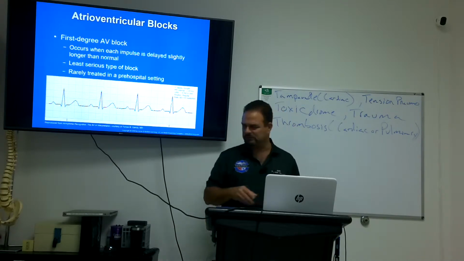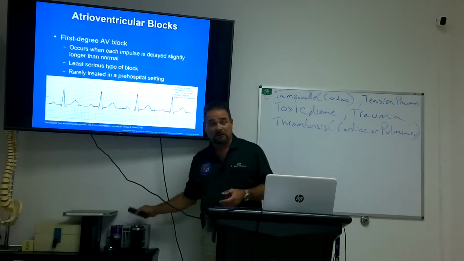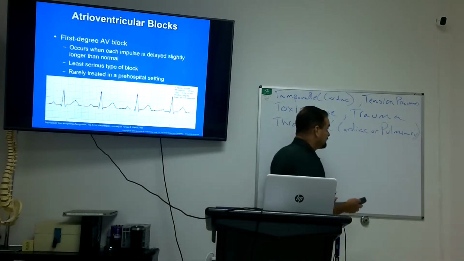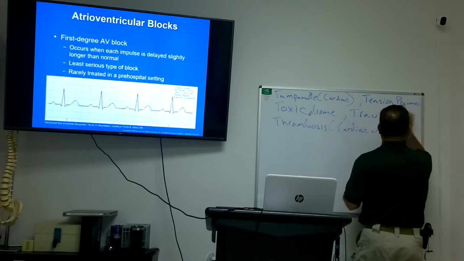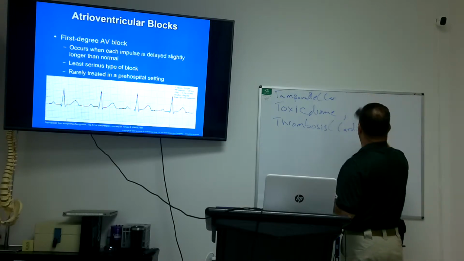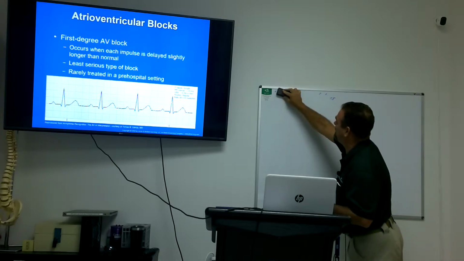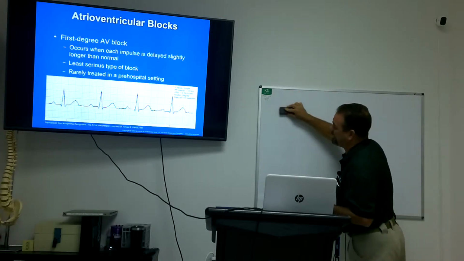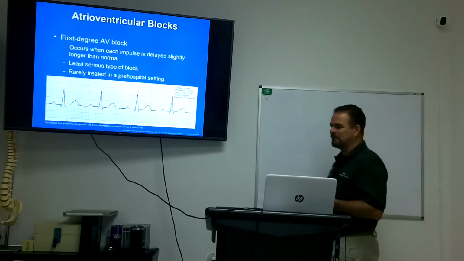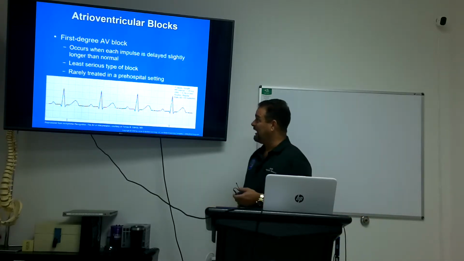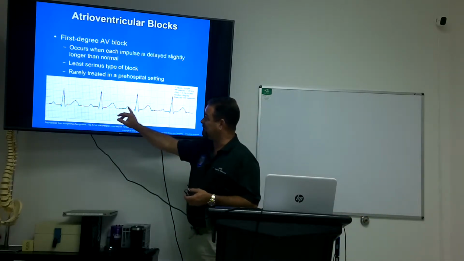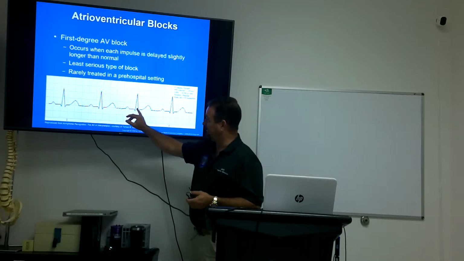That's 0.20 seconds. Remember when we talked about the structure of the EKG how each one of those big boxes is 0.04 seconds, and there's 5 of them in there. So the PR interval is going to be greater than 0.20 seconds. As you can see on this representation, here's your P wave and here's your PR interval.